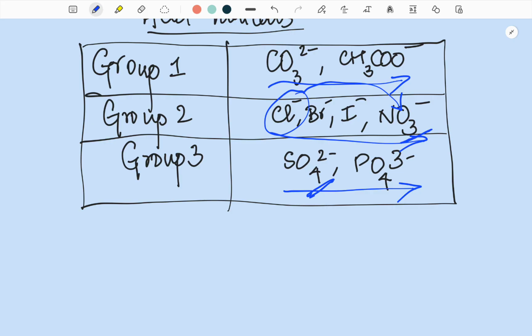We perform a reaction before doing the nitrate and sulfate tests, and if you get a positive reaction for that, that means your ion is chloride.